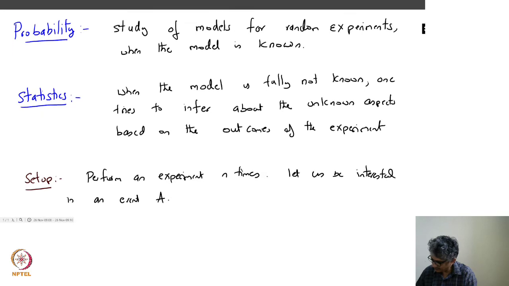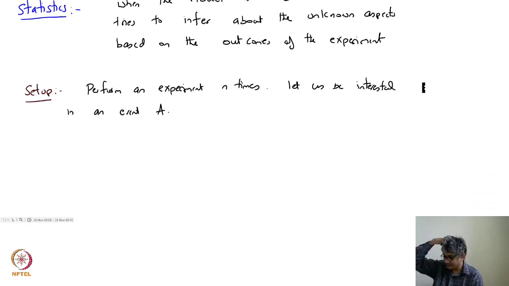So now we perform an experiment n times, and let us be interested in the event A. So the probability model will give you P of A.